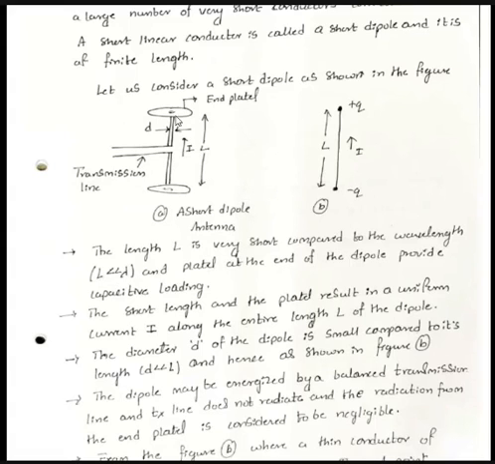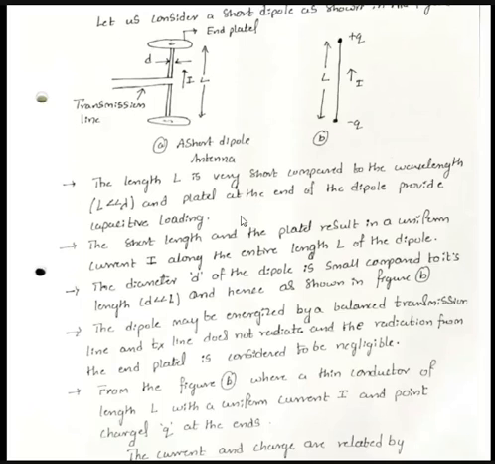You can see these end plates attached at the two ends of the dipole. Those provide the capacity loading. The short length and the plates result in a uniform current I along the entire length L of the dipole.